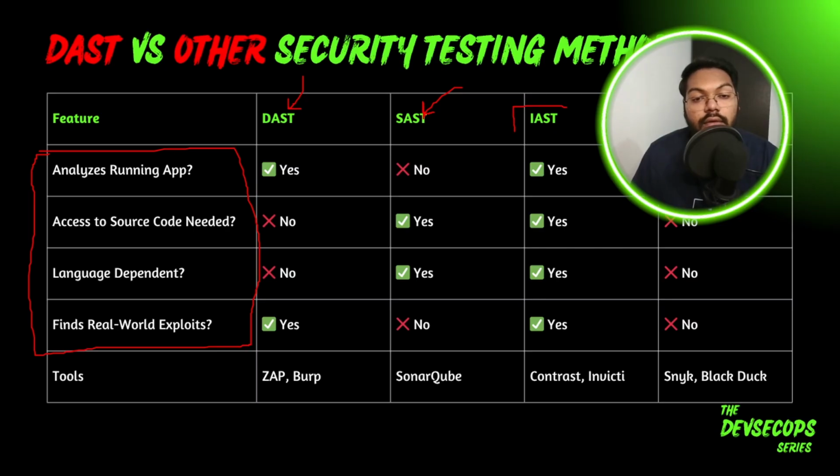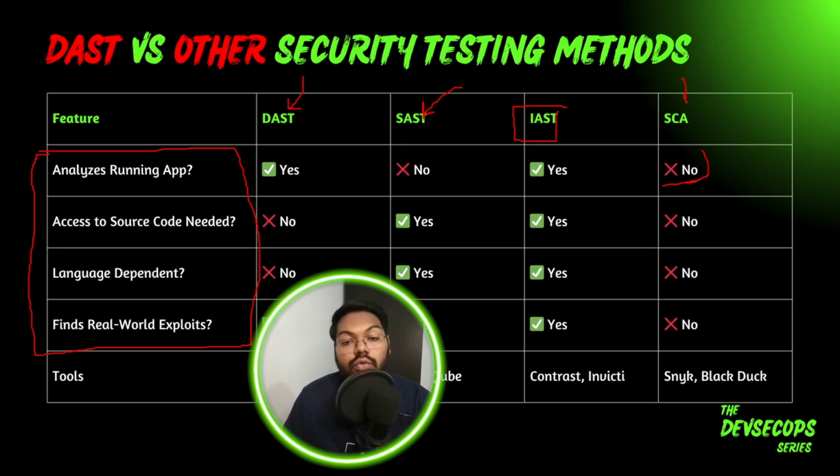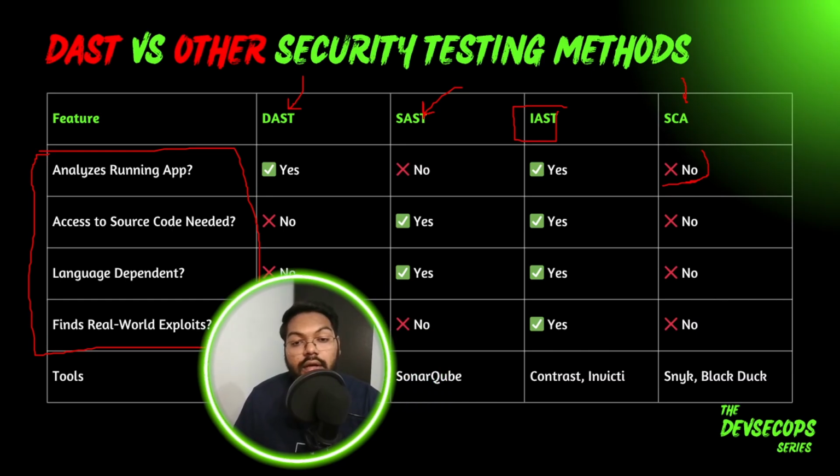But IAST is the one that gives us all of these things. It gives us results from the running application and from the source code. It is going to check the languages, and it is going to find real-world exploits. So this gives us the entire picture.